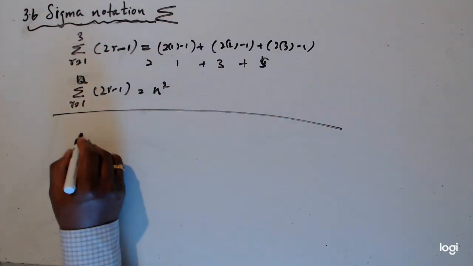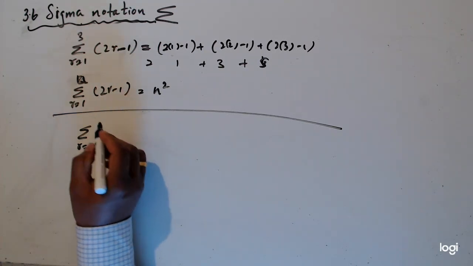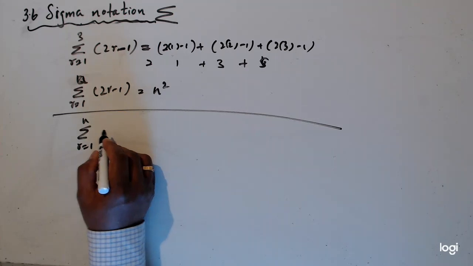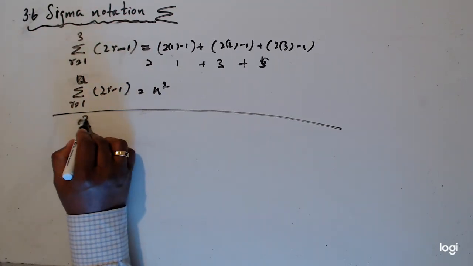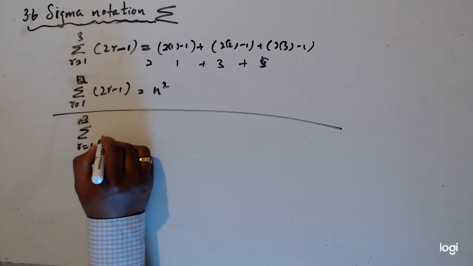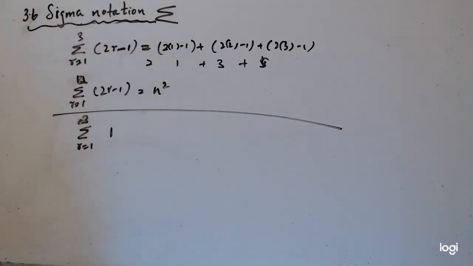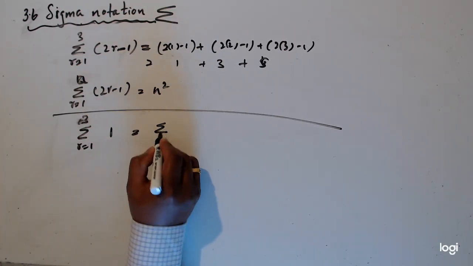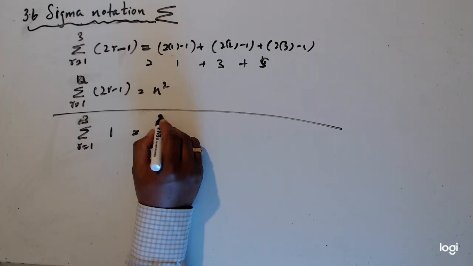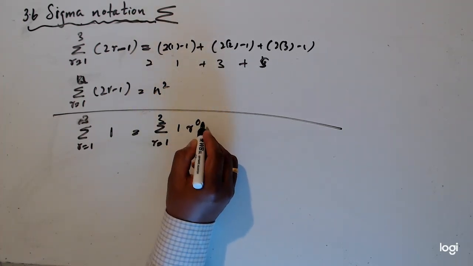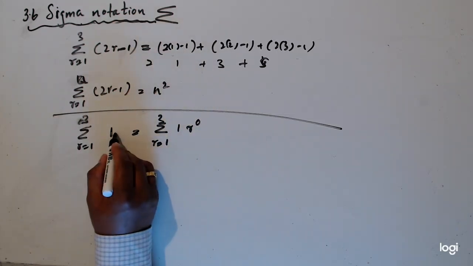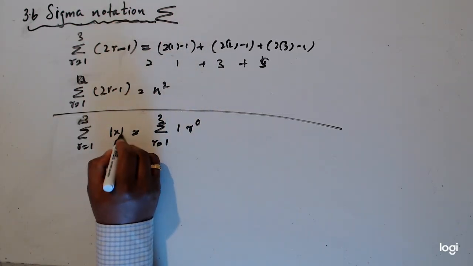Now what will happen with the summation of r equal 1 to n? If you see, 1 to 3, what is the idea behind it? There is no r, so we have to put an r. So the summation of r equal 1 to 3 of 1 is 1 times r to the power 0. Now r is there, and r to the power 0 is 1. I didn't make any change, because 1 times 1 is 1.